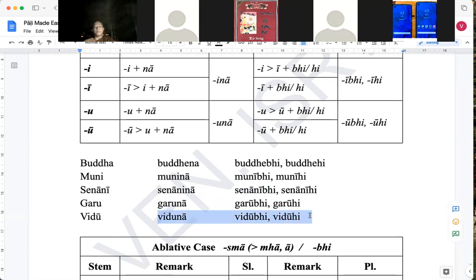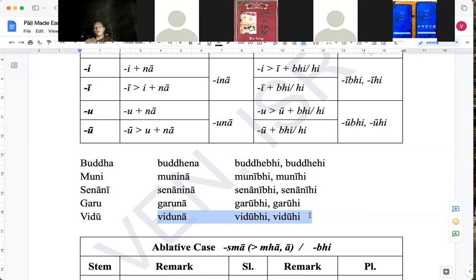So in this way. Meaning, it's the same: with the Buddha, with Buddhas or by Buddhas; with a sage, with sages or by sages; with a general, by generals; with a teacher, by teachers; with the wise one, or by the wise ones. In this way.